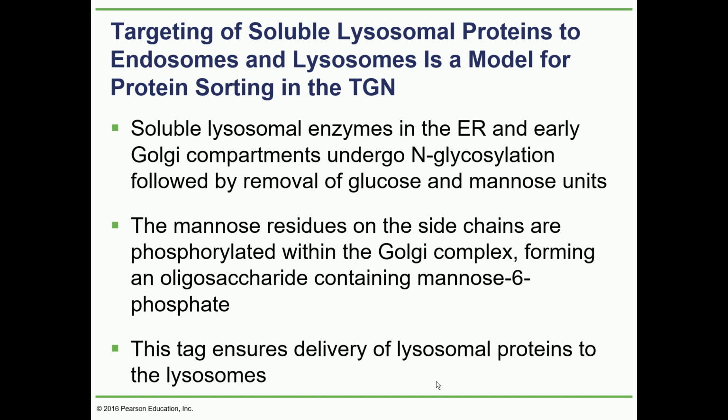This fusion of the endocytic vesicle with the secretory vesicles coming from the Golgi forms the early endosomes, and the early endosomes get converted into late endosomes, and the late endosomes get converted into lysosomes.